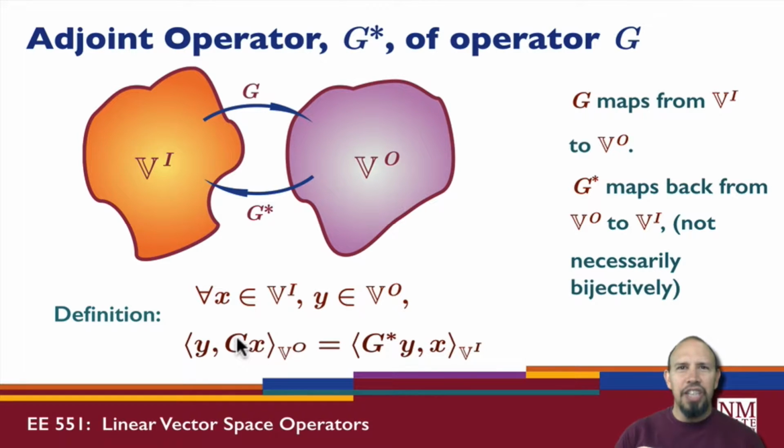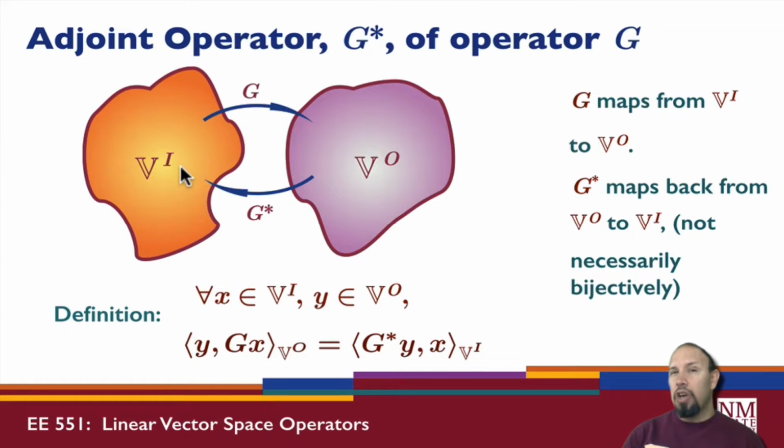This kind of a definition is called an implicit definition. It doesn't tell us exactly what G adjoint is. In fact, there may be an infinite number of G adjoints that do this. But this is the definition for the adjoint. So again, the adjoint operator is always defined, even if the input and output spaces are radically different.